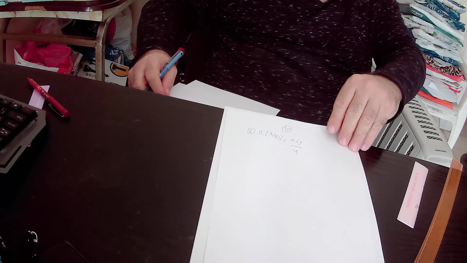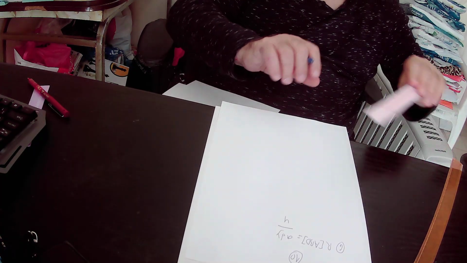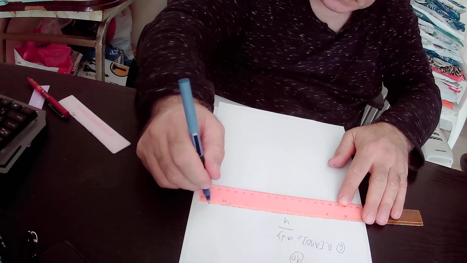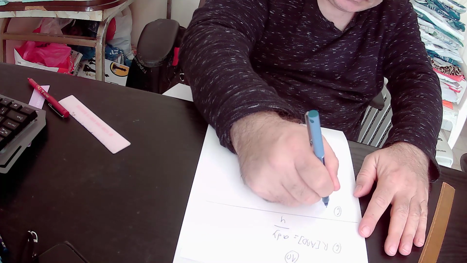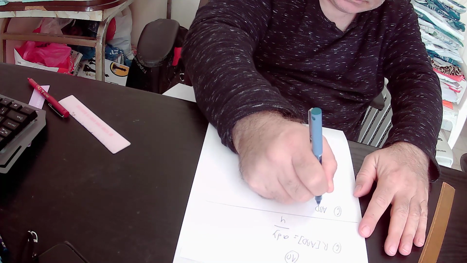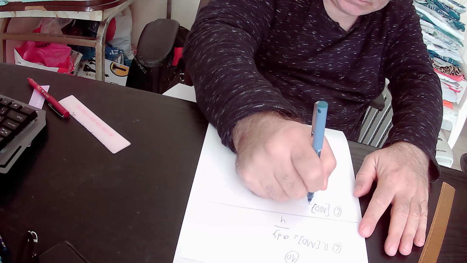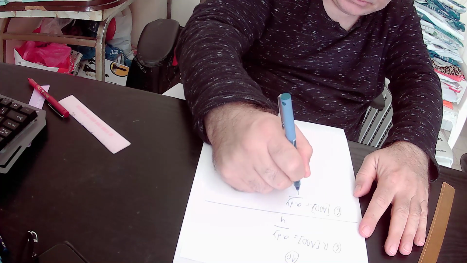ABD. We will get that the area of triangle ABD according to equation number 6 equals ADY over 4R.